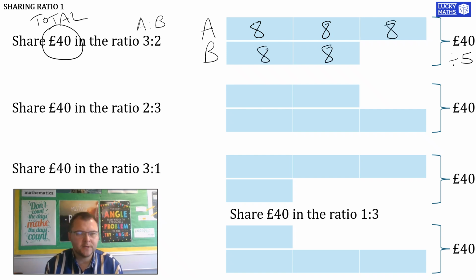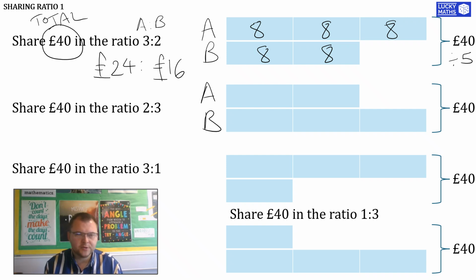And now if we count up, this is why it's a great method, because it's so visual, so easy to see. A gets 3 8s, which is 24. And B gets 2 8s, 16. And so what we can do is just check: 24 and 16, does it add up to make 40? And yes, it does. So we know we've done it correctly.